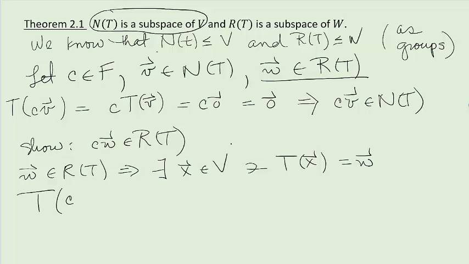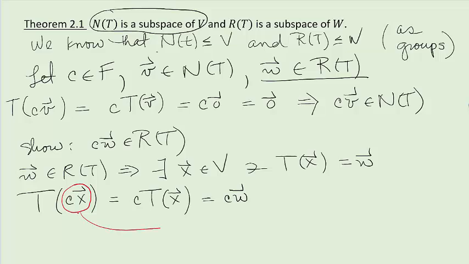T of C, that field element, times X, is equal to, since T is linear, C times T of X. And that is CW. So this means that there is an element in V that gets mapped to CW. This implies that CW then is in the range of T.